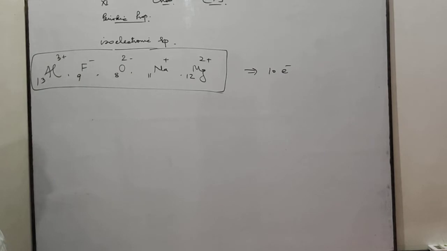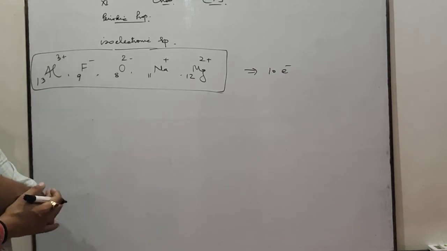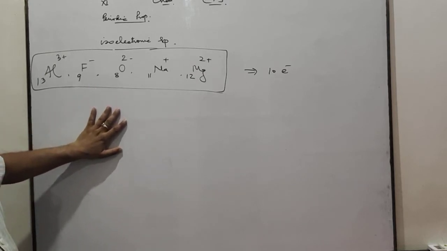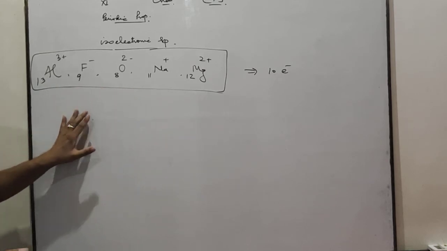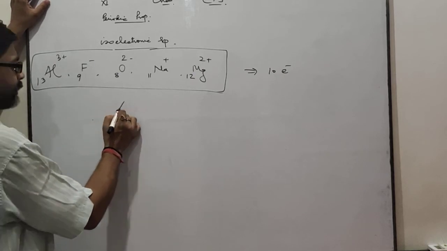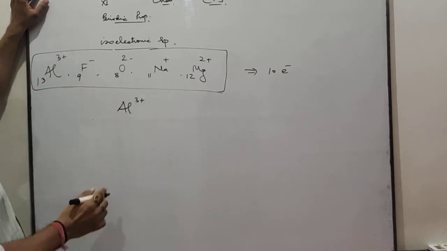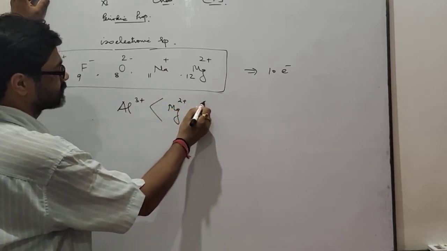Here, as the number of positive charges increases, the size decreases. Among these, which ion has the smallest size? It will be Al3+. Al3+ is the smallest among these. Then Mg2+ is greater than this.